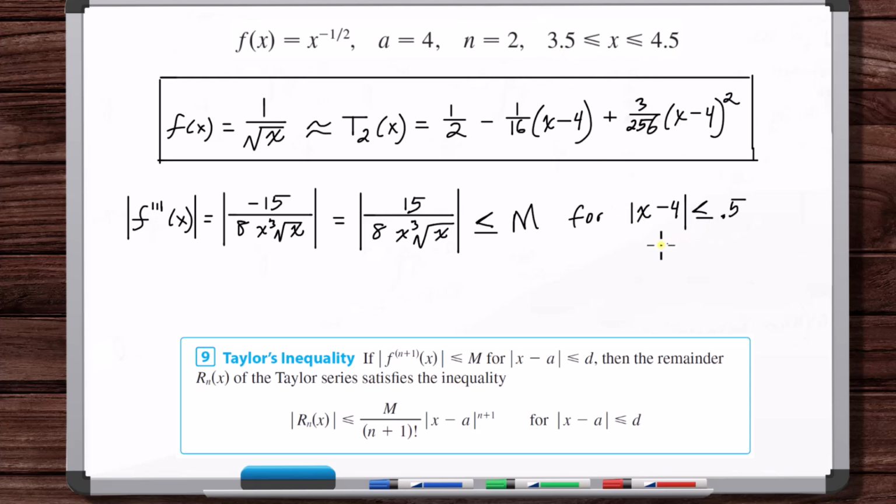These two mean the exact same thing. Okay, is there some capital M such that no matter what x you plug in this range, that value is greater than or equal to all of the other values of the absolute value of the third derivative of x?